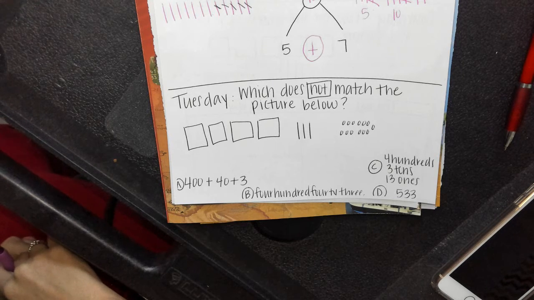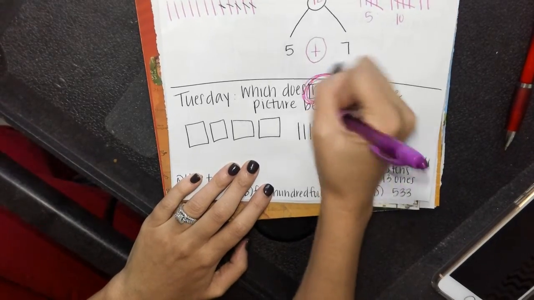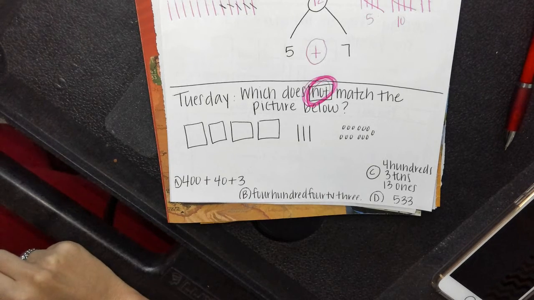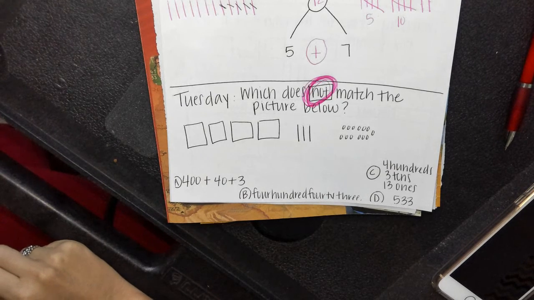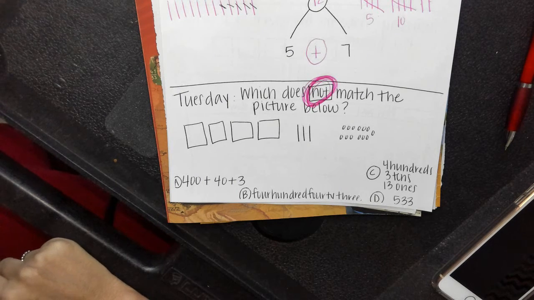What does not mean? No. It's not going to match. It's wrong. So you're basically looking for the wrong answer. When it says not, you're looking for the wrong answer.